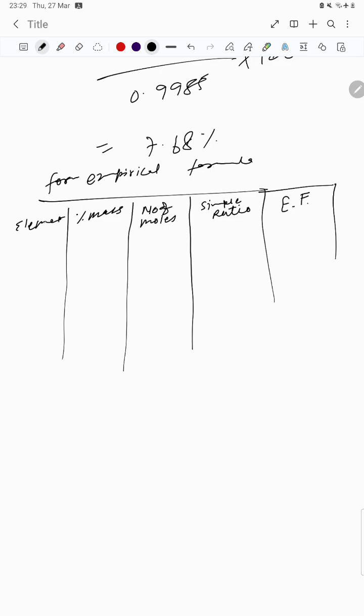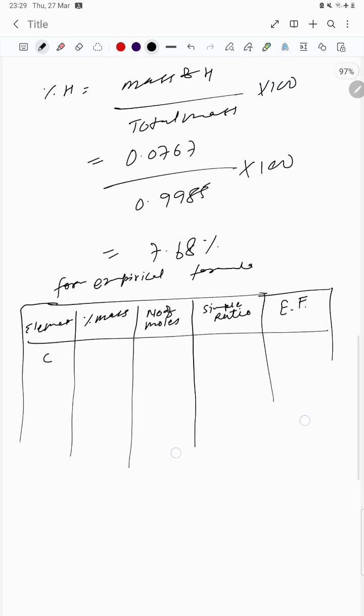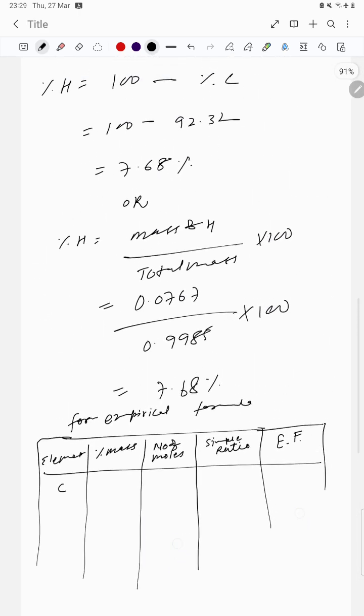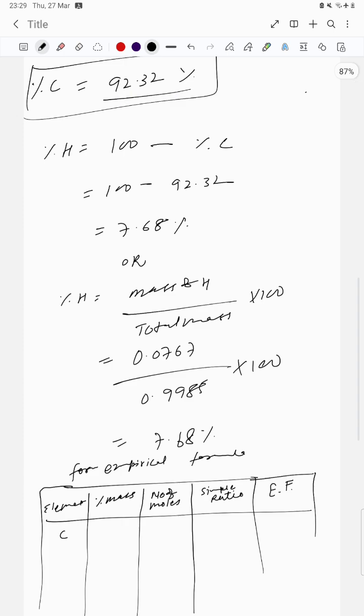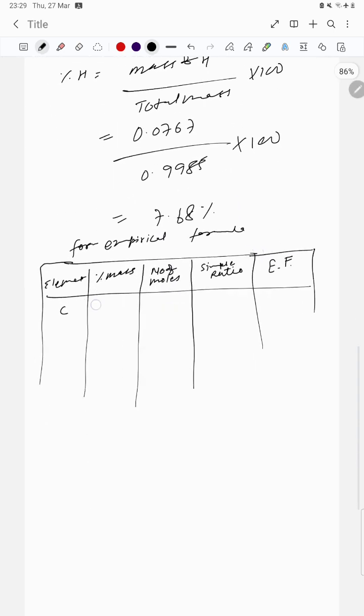Now here, student, you see the elements: carbon is there. The percentage mass we have just calculated is 92.32, which is its gram mass also, and hydrogen is 7.68.